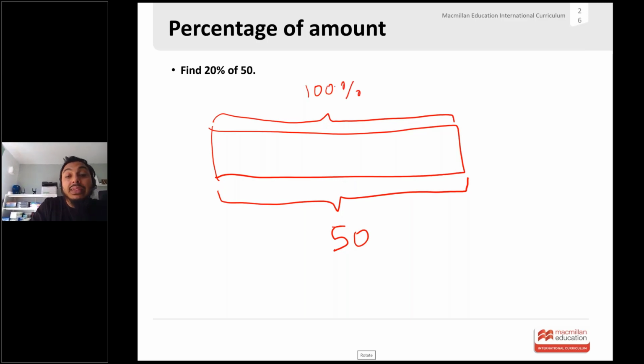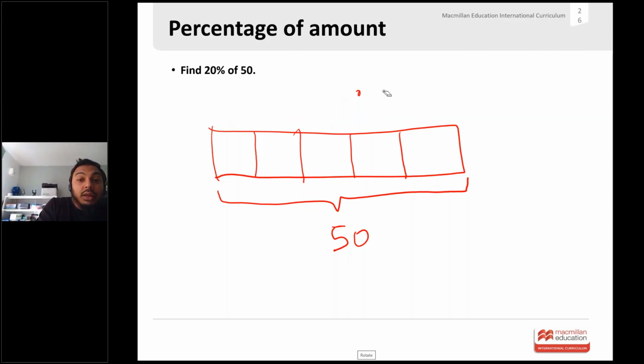That's 100% of 50. So what will 20% look like? Well, 50% is halfway. 20% is about here. Let me make it a bit bigger. It's about there: 20, 40, 60, 80, 100. Let's see if that's right. Yeah, so this is 20%. So this is 20% of 50.